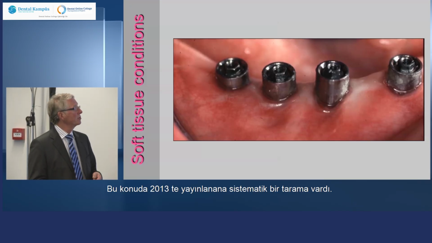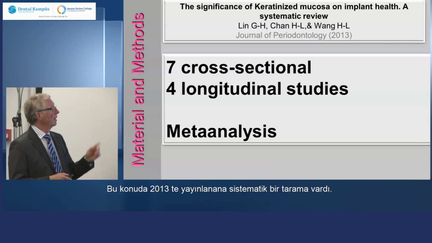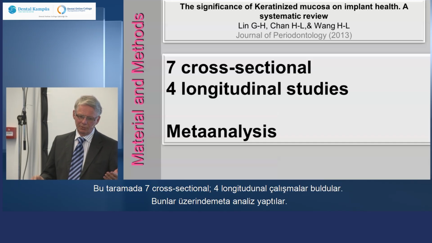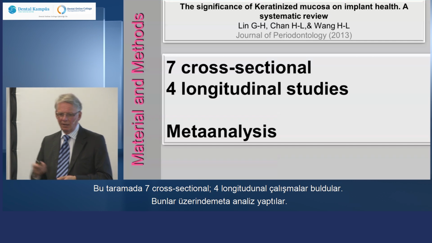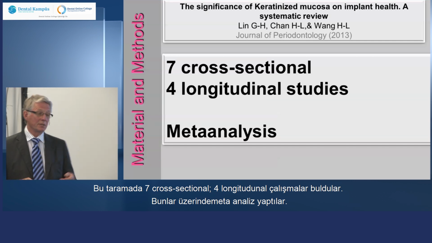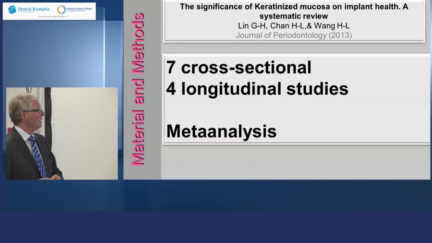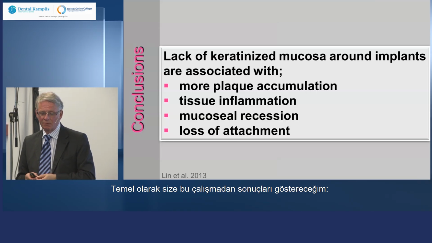And there was actually a recent systematic review published in 2013, and they were able to find 7 cross-sectional and 4 longitudinal studies and they made a meta-analysis on that. And basically, I'm just showing you now the conclusions from the study.